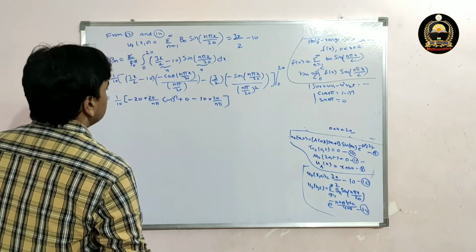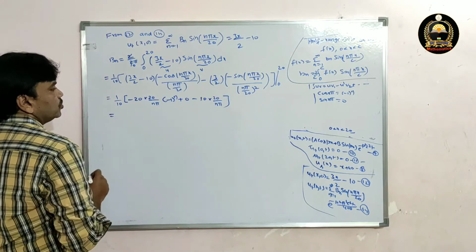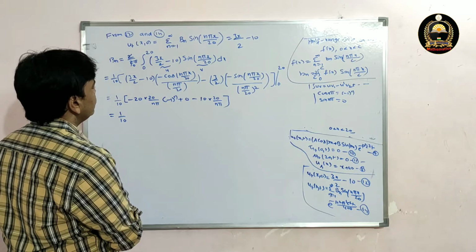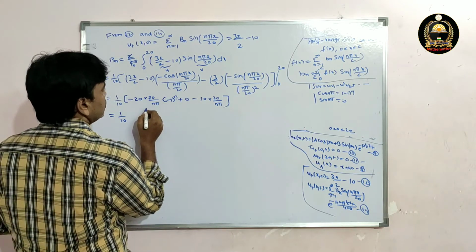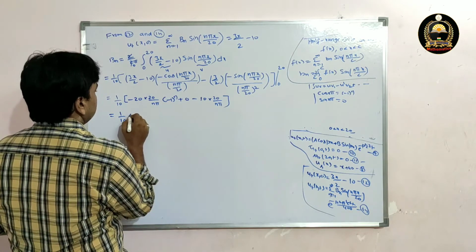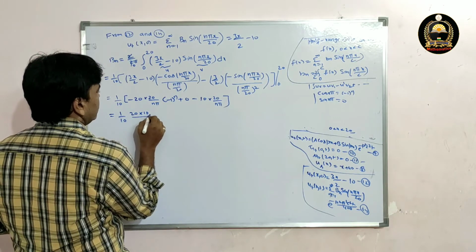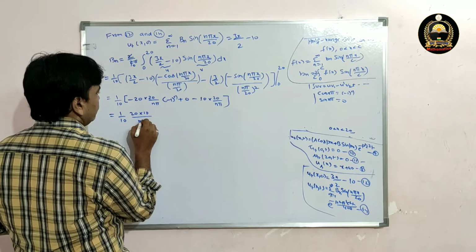Bracket close. That is equal to 1 by 10. I can take common here 20 into 10 by n pi.